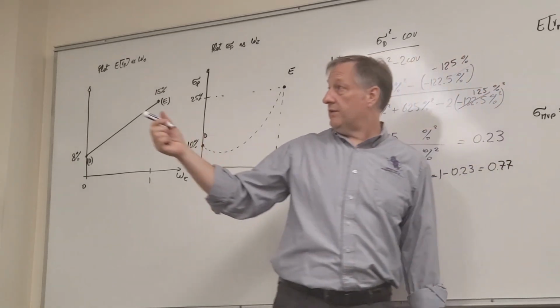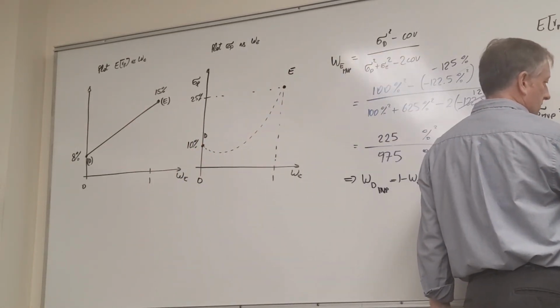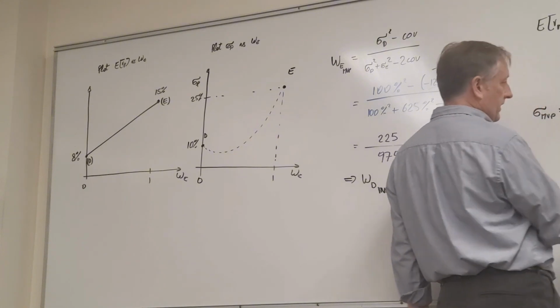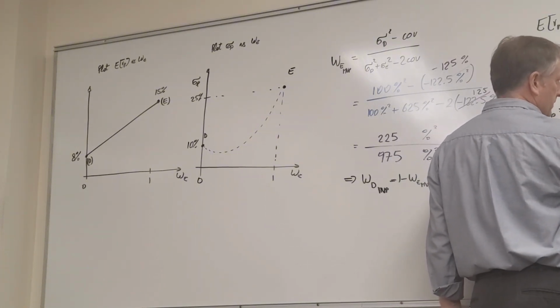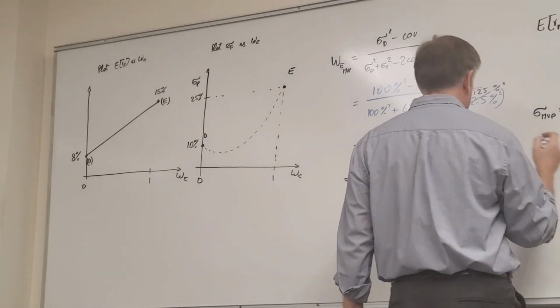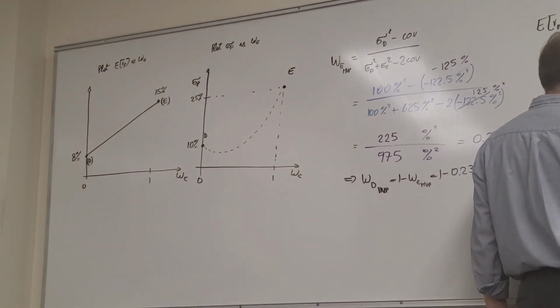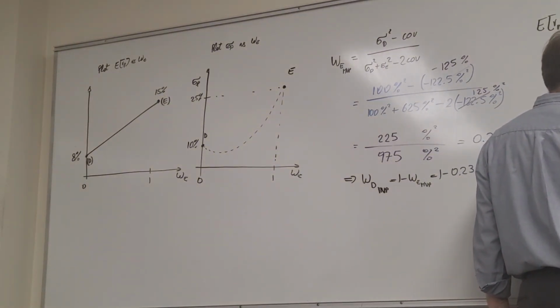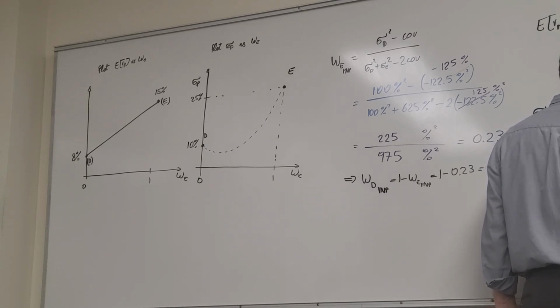Sigma E squared, we calculated that earlier, is 625, so we can just plug it in there, so we don't need to square again. Then you have 0.77 squared times sigma D squared, which is 100, plus twice 0.23, 0.77.